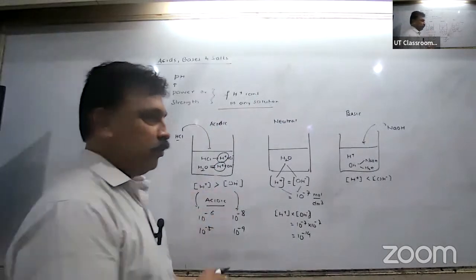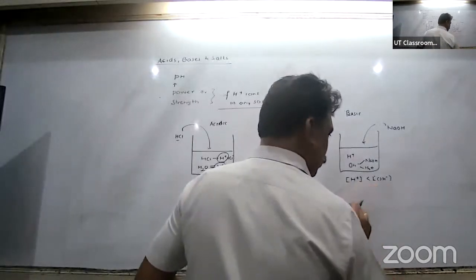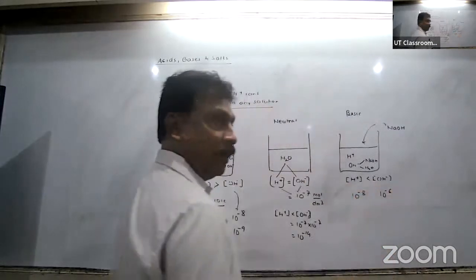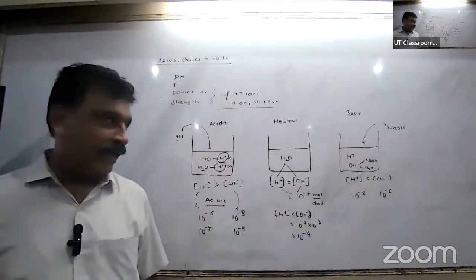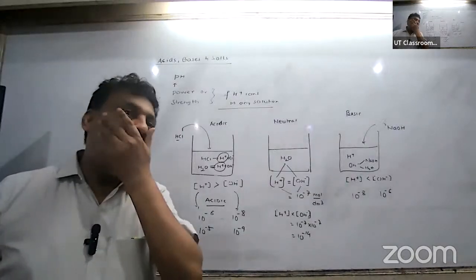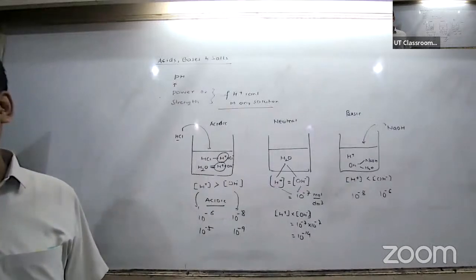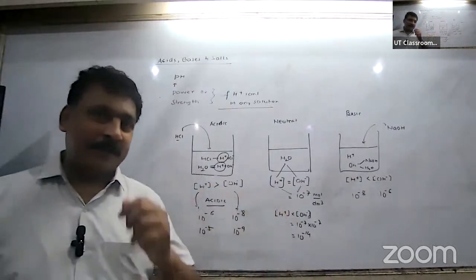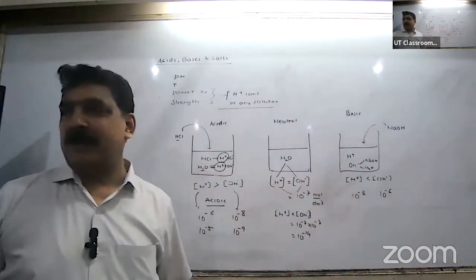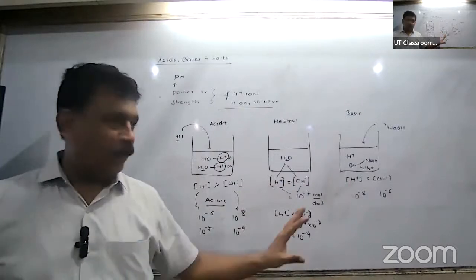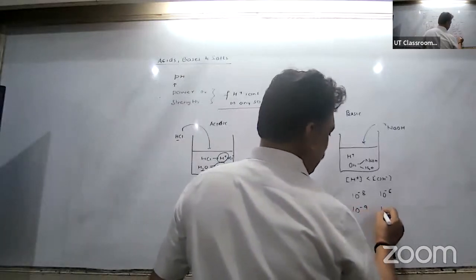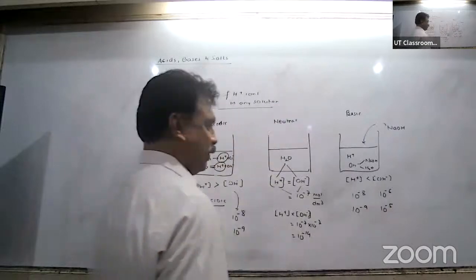So what is important over here? H plus ion is lesser than OH minus. That means if this is 10 raised to minus 8, then this time it will be reversed, upside down. What was on top has come to second, and what was second has come on top. Am I following? So this is 10 raised to minus 8, then 10 raised to minus 9, so this is 10 raised to minus 5, but together 10 raised to minus 14.